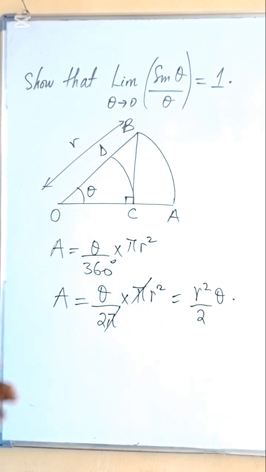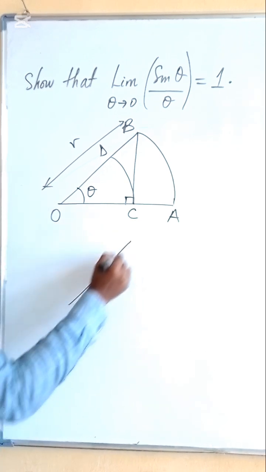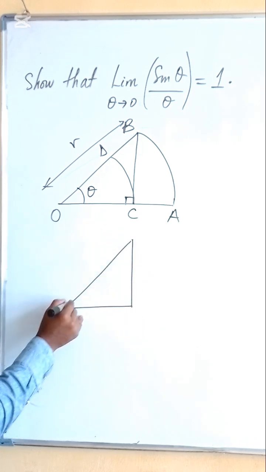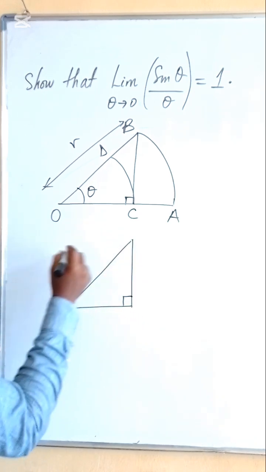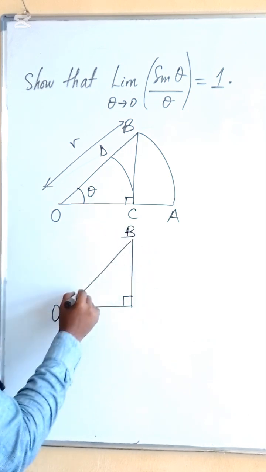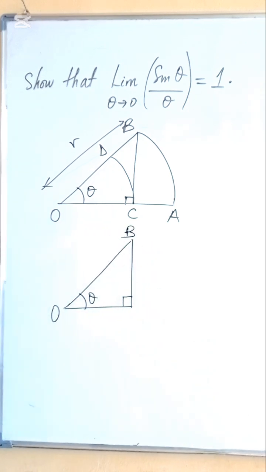Another thing worth knowing, please, in proving what is above is the following. So you have the right angle triangle COB. Now, the only side we know happens to be the hypotenuse.